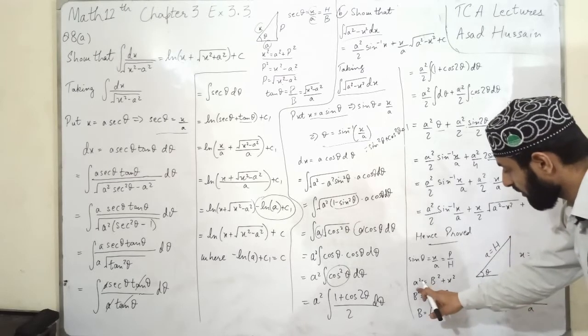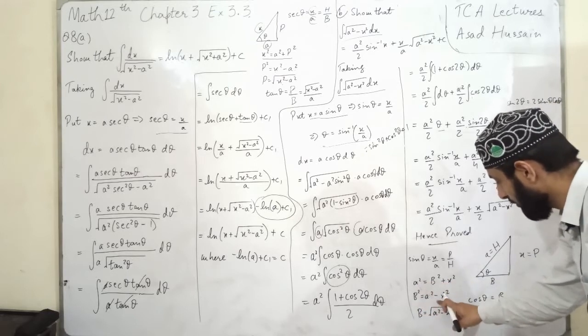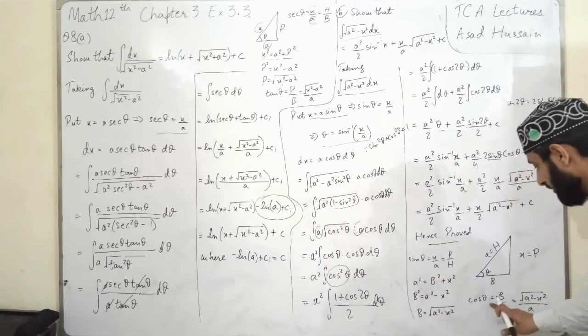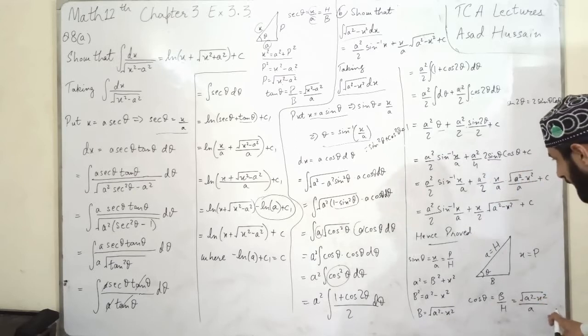So according to Pythagoras theorem, a² is equal to b² + x², b² is equal to a² − x², and b is equal to √(a² − x²). As cos theta is equal to base over hypotenuse, putting the value of base, which is √(a² − x²), over hypotenuse a.